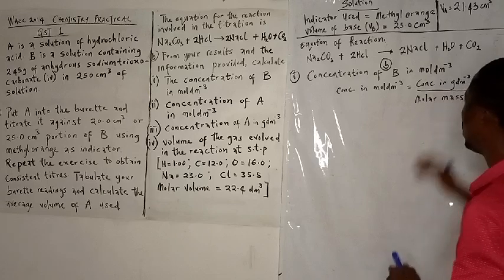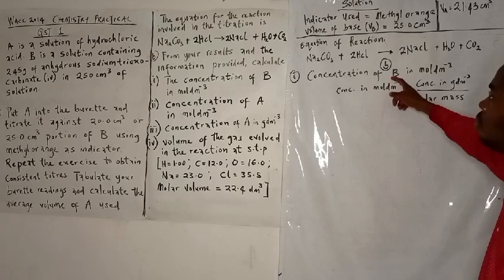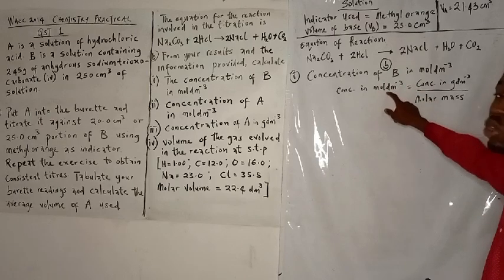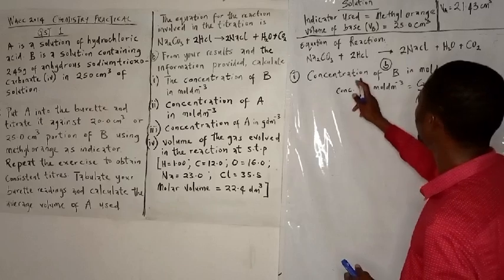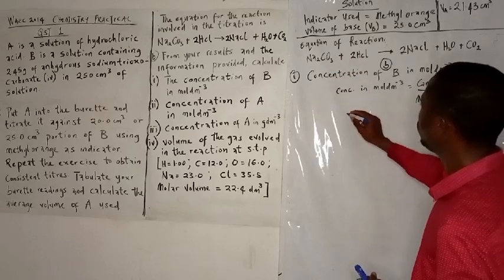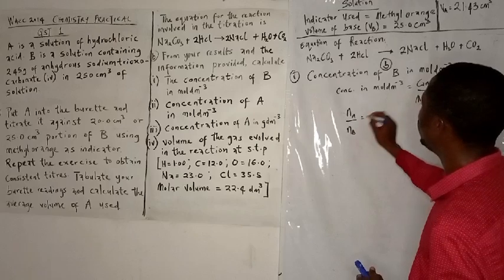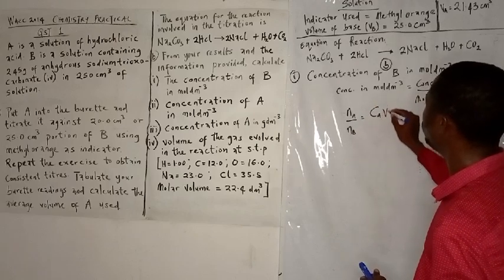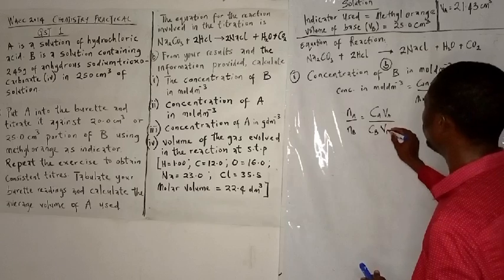So we can use this formula to find the concentration of a compound in solution in mole per dm cube, or we can use the mole ratio of the acid and base. So we can use number of moles of acid over number of moles of the base is equal to concentration of acid times volume of acid over concentration of base times volume of base.